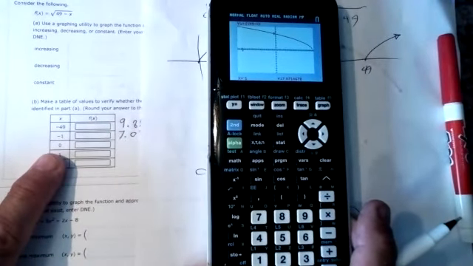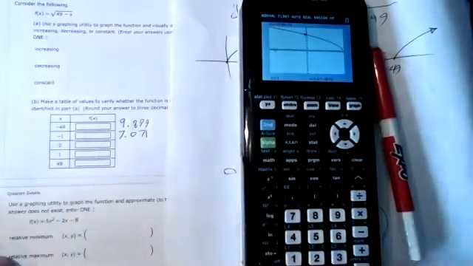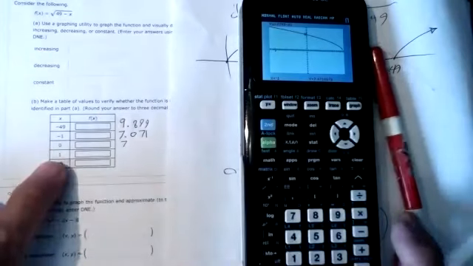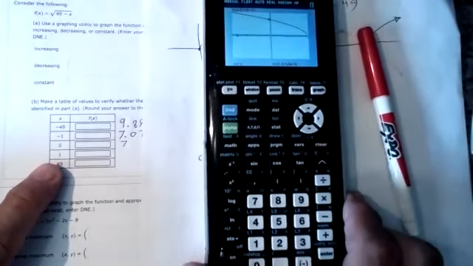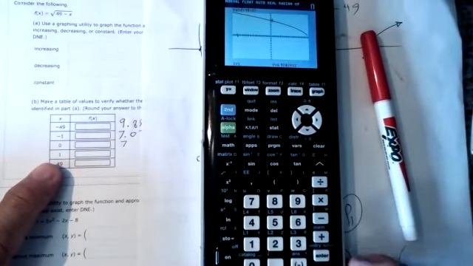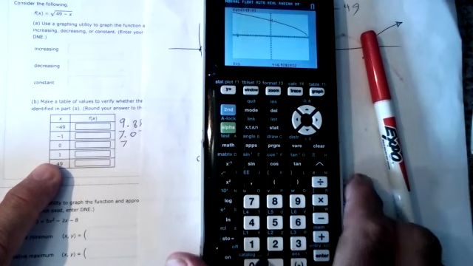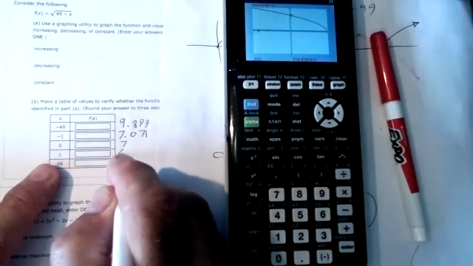0, well, we don't have to use that one. When you put 0, it's radical 49, which is 7. 1, let's try that. 6.928.